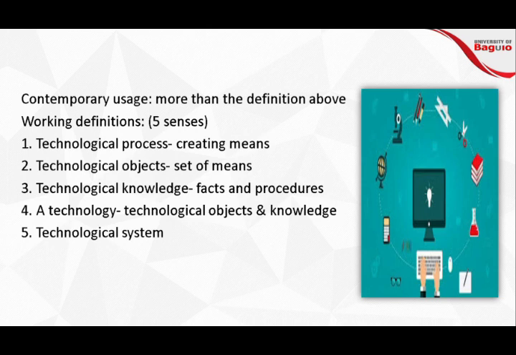So from facts, procedures, going to creating means, and then coming up with a set of means, and as well as coming up with a technology. Okay? And that as a whole, it's already a technological system. Okay? So that is again the 5 senses or the 5 working definitions of technology.